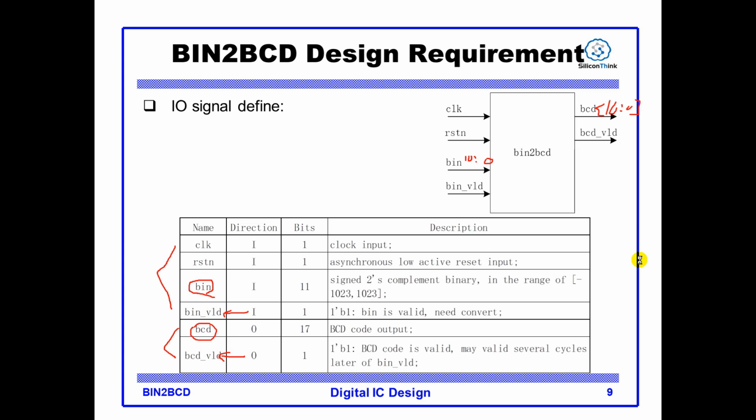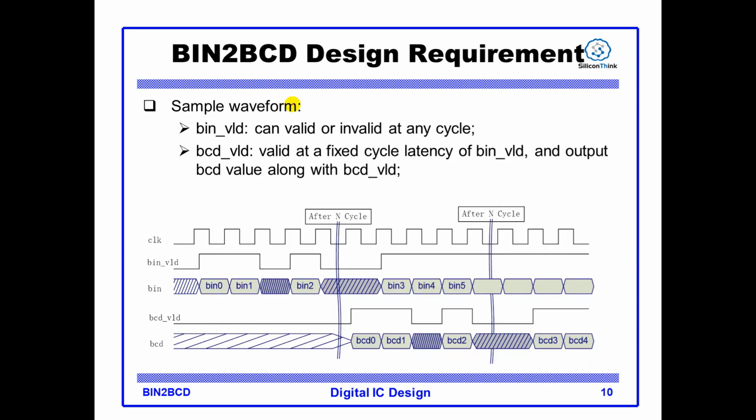Okay, so let's see some sample waveform. So this is the waveform for input, and this is the waveform for output. You may have some latency. This is the latency from input to output. So you can have a fixed latency for the input to output.